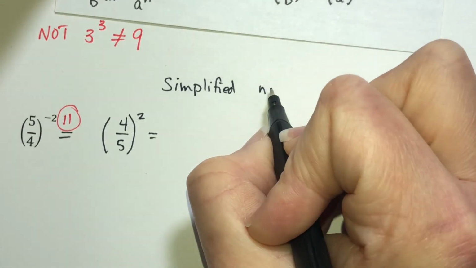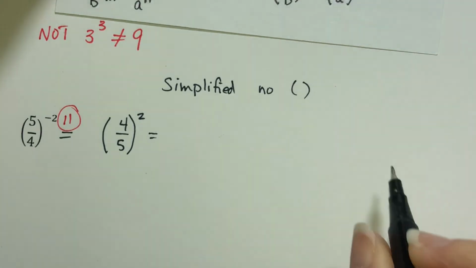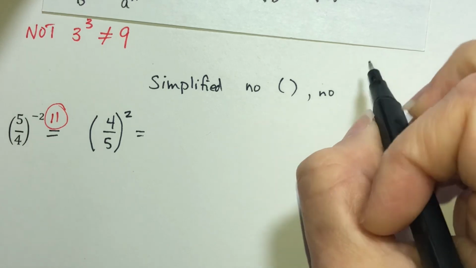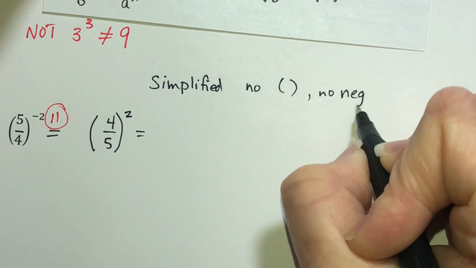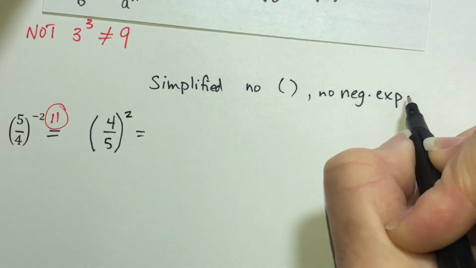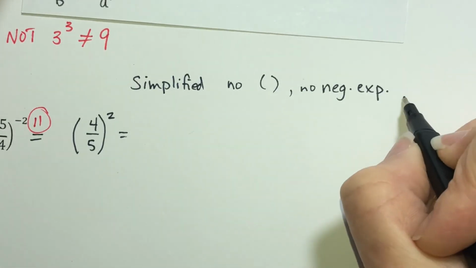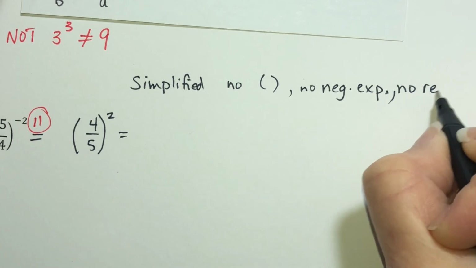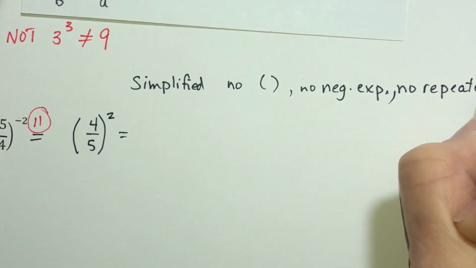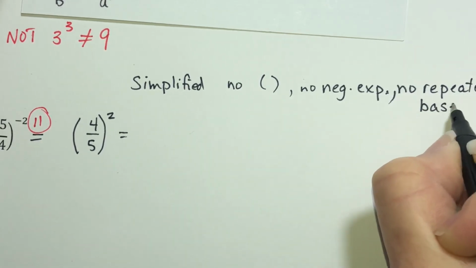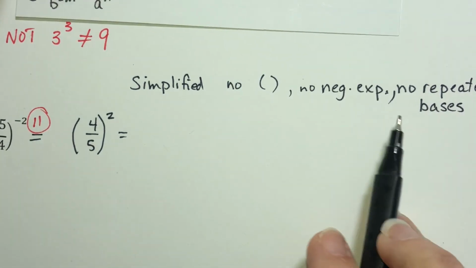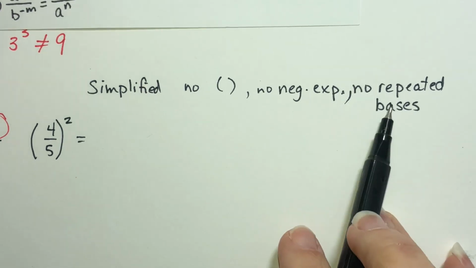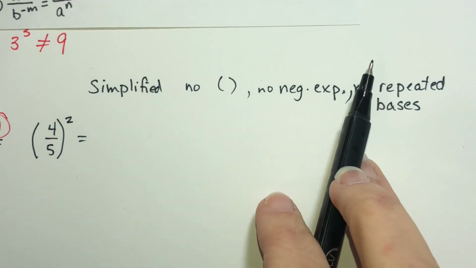That means no parentheses left, no negative exponents, and no repeated bases. This is almost always the case. You can almost always combine things if they have the same base using one method or another.